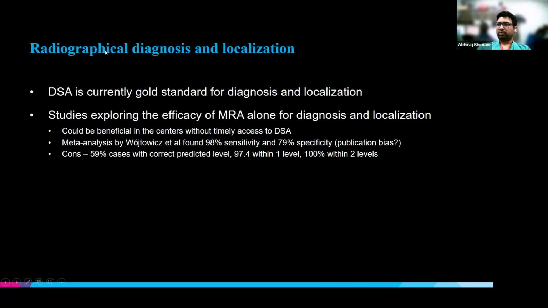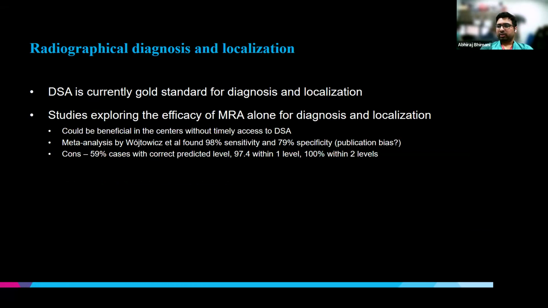All right, so we can discuss radiographic diagnosis and localization. As was mentioned earlier, diagnostic angiogram, digital subtraction angiography, is currently the gold standard for the diagnosis and localization of dural fistula. However, there are some studies looking into the efficacy of MRA alone as a tool for diagnosis and localization, and this could be beneficial in centers that do not have timely or routine access to an angiogram.